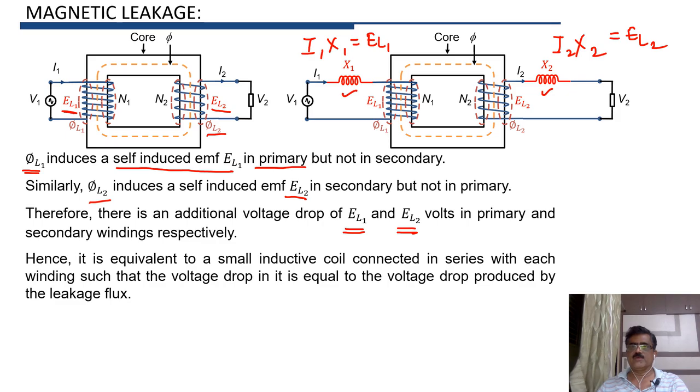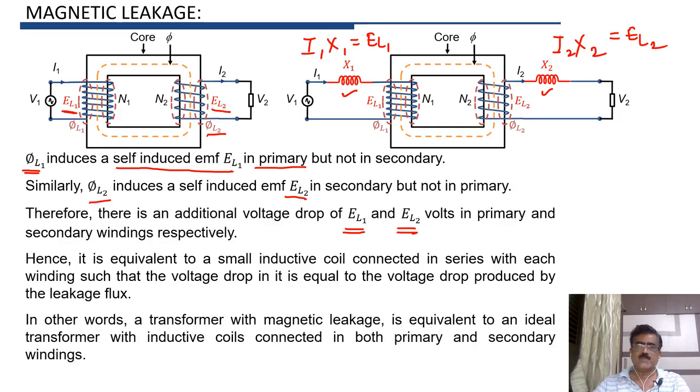Then the effect of EL2 can be represented by this external inductive reactance X2. Therefore, if the effect of leakage flux is represented by external leakage reactances X1 and X2, then this transformer we can call an ideal transformer.